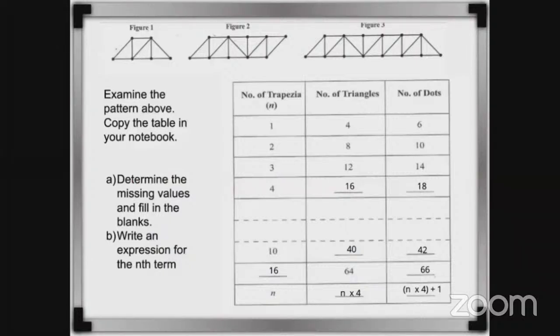And although the figure is given to you, it would be a little bit cumbersome and time consuming to draw the figure out to give you all those triangles for the 10th term. Hence, the use of an algebraic expression does help to minimize the task of figuring out the number of trapezia and the number of triangles that you would use.